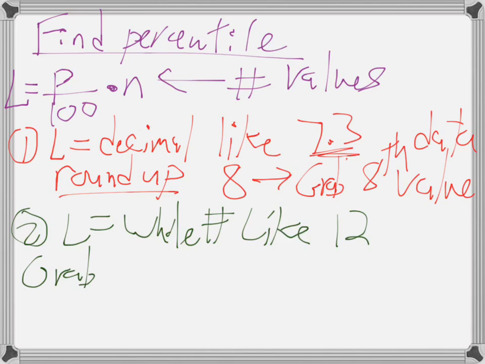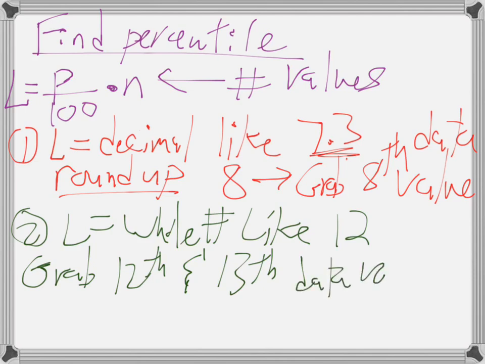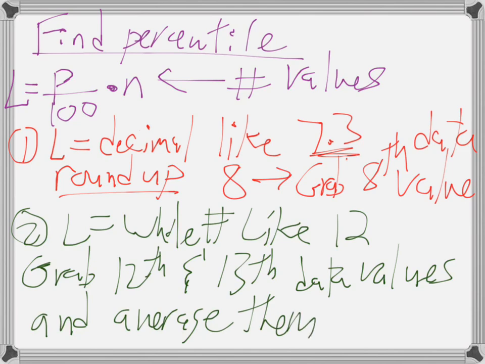You grab the 12th and 13th data values, grab 2 numbers in that case, and average them. So there's 2 different game plans depending on what that L comes out to be.